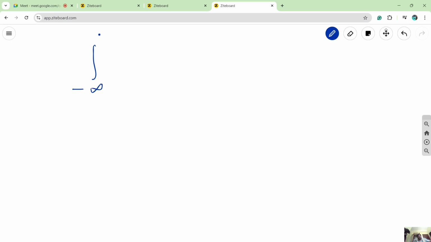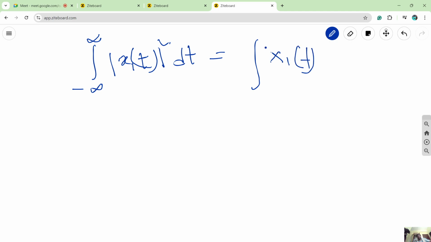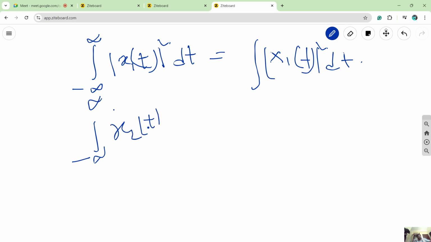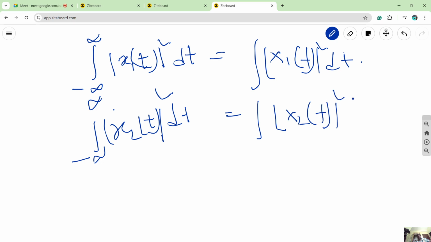So for the first one, it is the integral of |x1(t)|^2 dt, that will be equal to the integral of |X1(f)|^2 df. Second one is |x2(t)|^2 dt, equal to |X2(f)|^2 df.